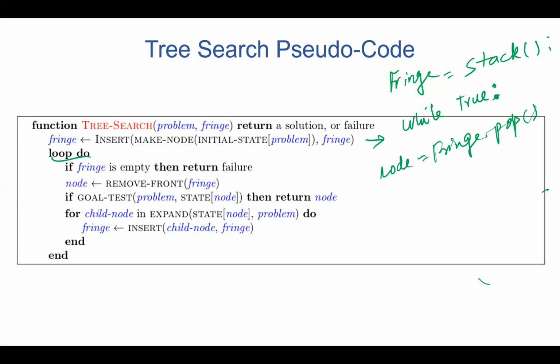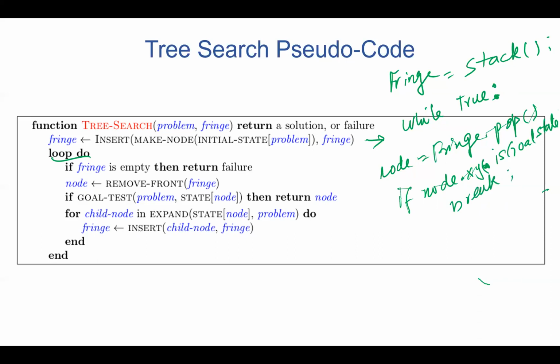And then say if node.xy is the goal state, then break.